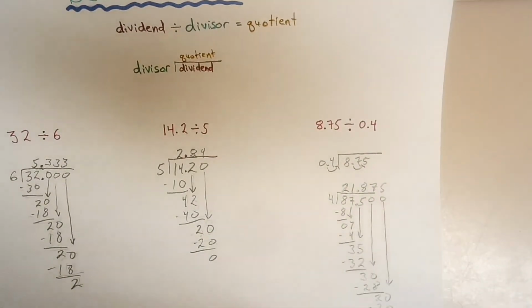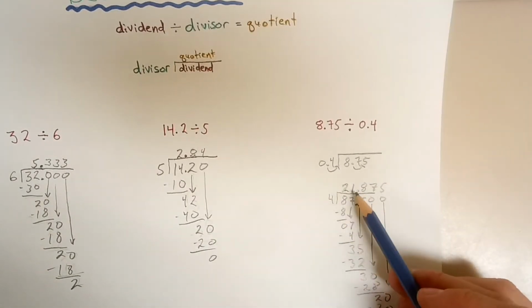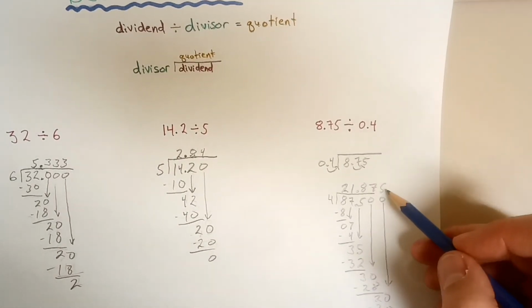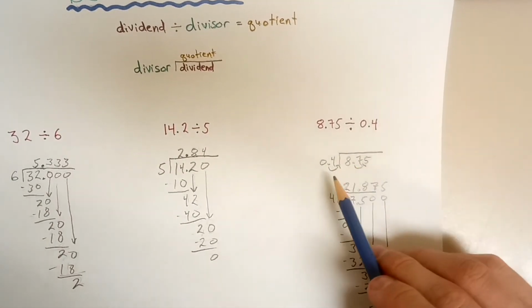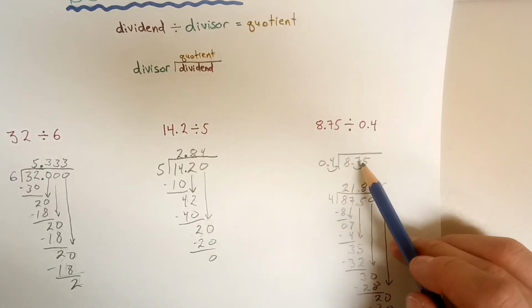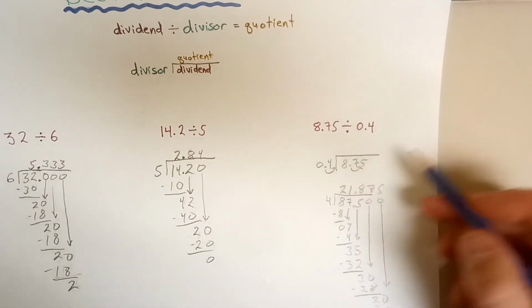No remainder. Great. So 4 into 87.5 goes 21 and 875 thousandths. It would be the exact same quotient as if you divided 8.75 divided by 0.4. We just moved the decimal over one spot in each.